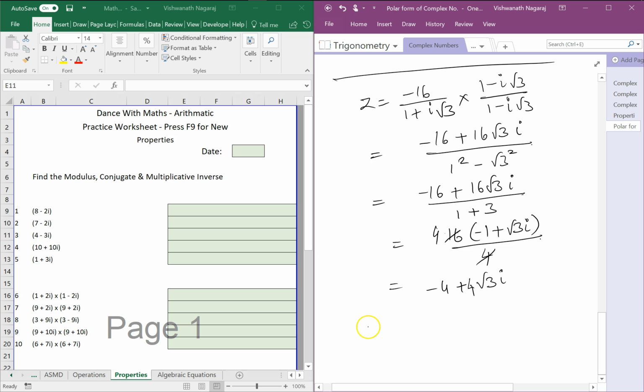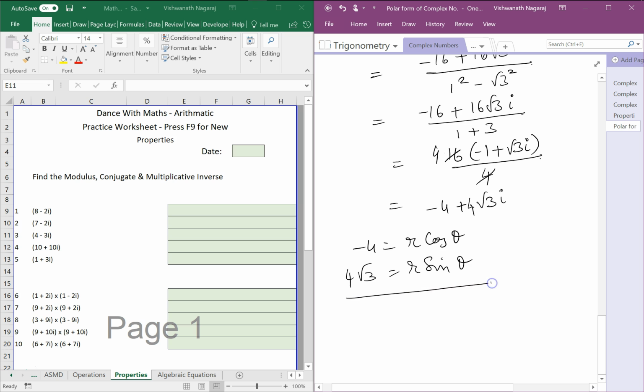So now let's convert it into polar form. -4 is equal to r cos θ. 4√3 is equal to r sin θ.